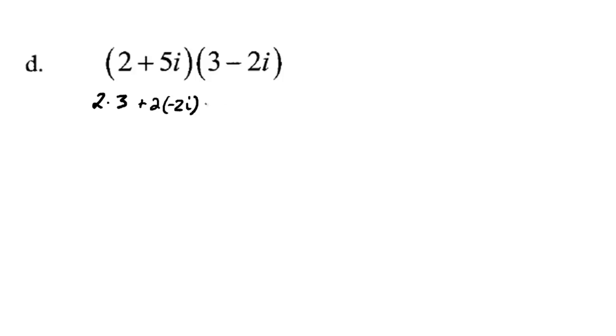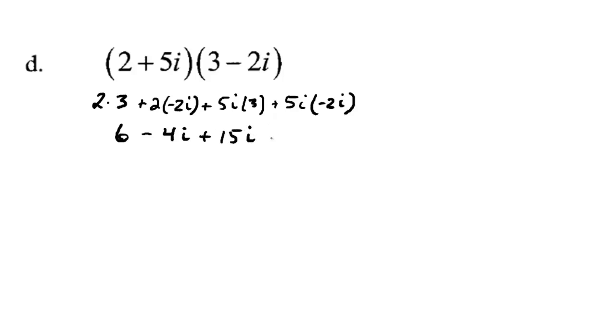Our inner will be 5i times 3. And our last will be 5i times negative 2i. And doing this, we get 15i, we get negative 10i squared. If you combine the middle terms, O and I, you get 6 plus 11i minus 10i squared.